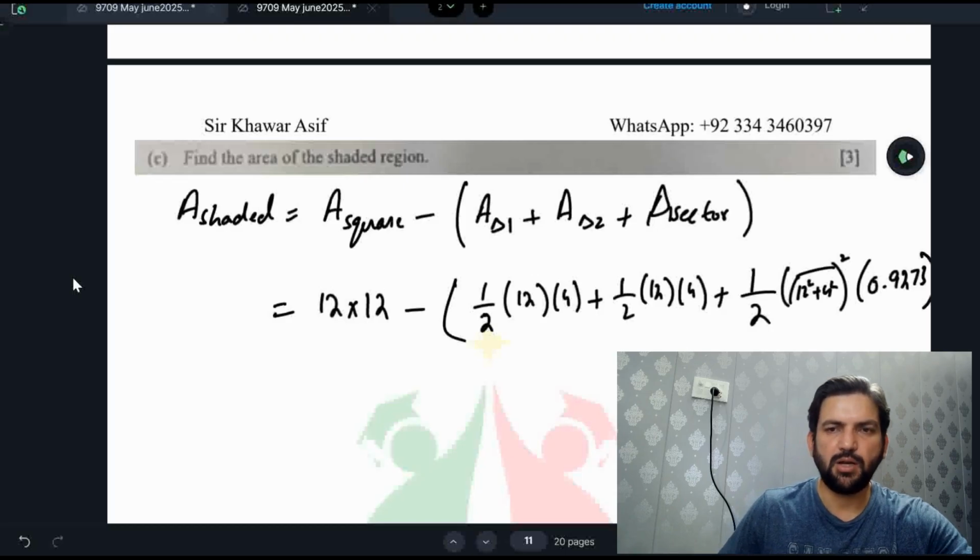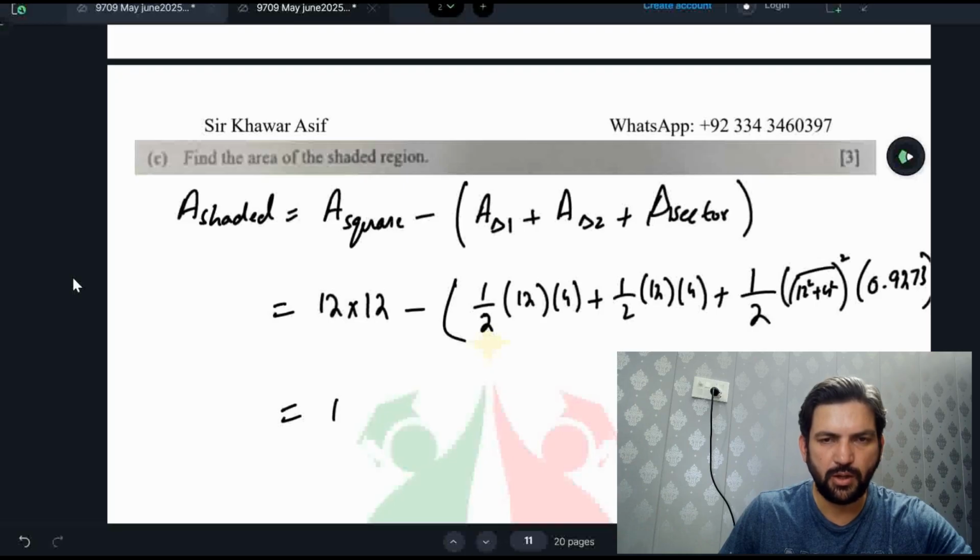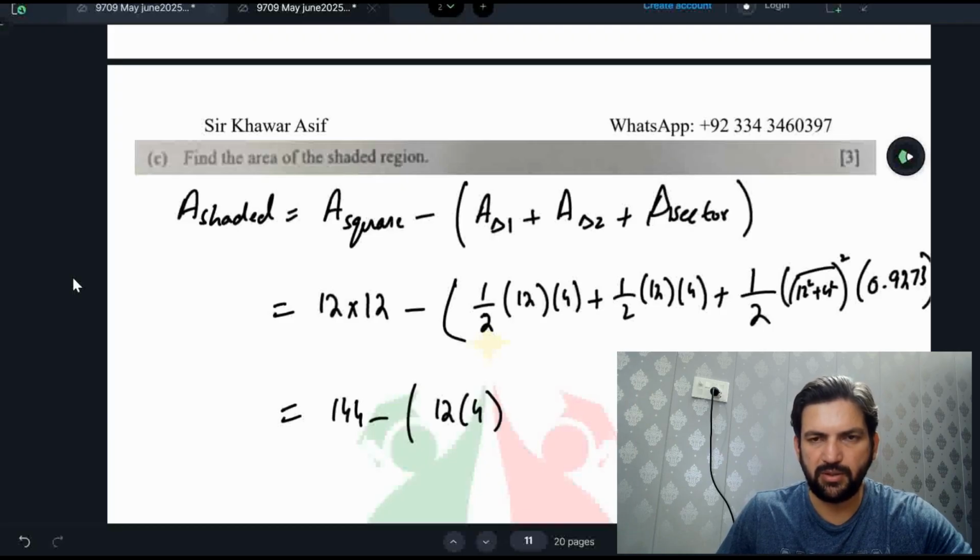Now if we simplify, this will be 144 minus, adding these two triangles, 12 into 4, plus 1 by 2 into 12 squared plus 4 squared into 0.9273.